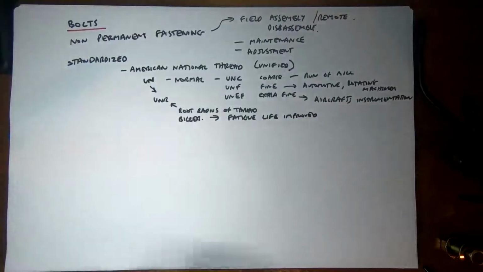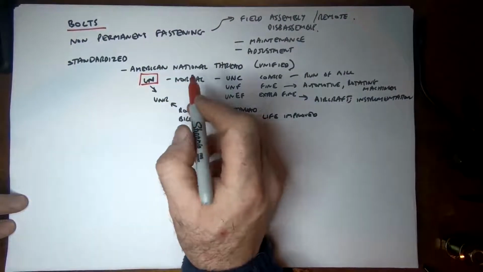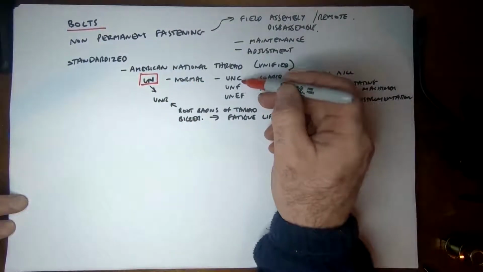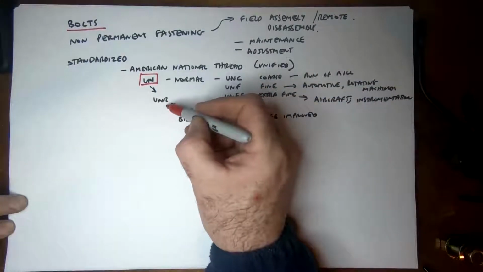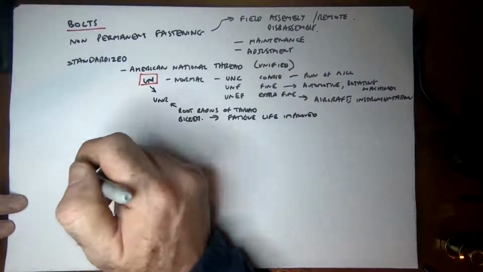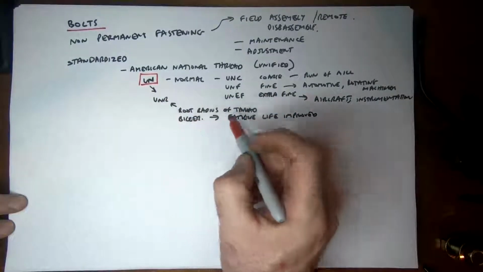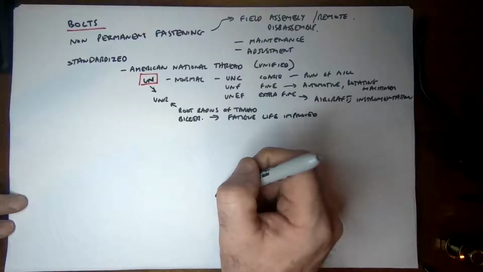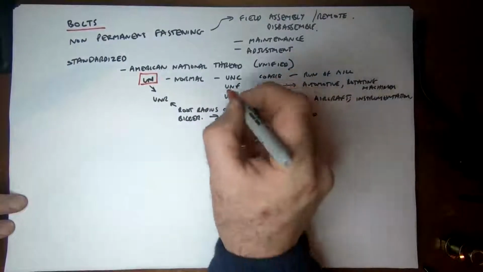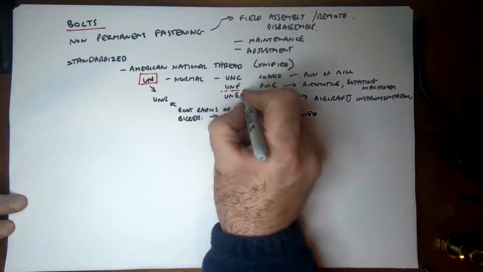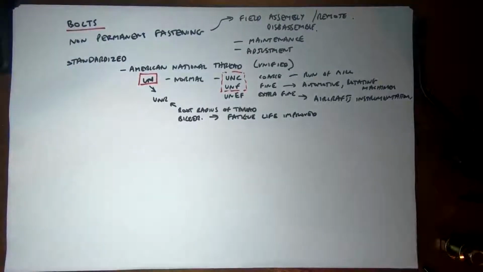So again, unified is the American standard, the UN, followed by a C or an F or an EF, depending on the thread type. And then if it has an R, then the root radius of that thread is larger, so you actually improve the fatigue life. So there'll be UNC, UNF, UNEF. These are the ones that we normally look at. These are the most common ones, UNC and UNF, and what we'll deal with in this course.